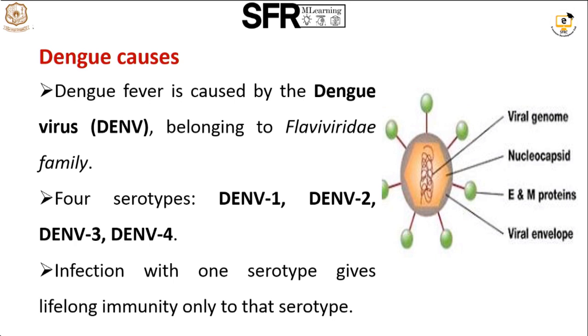Infection with one serotype gives lifelong immunity only to that serotype. For example, if dengue virus 1 causes dengue fever in a person, that person gets lifelong immunity to dengue virus 1 only.